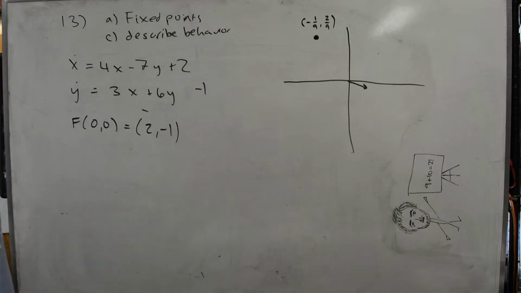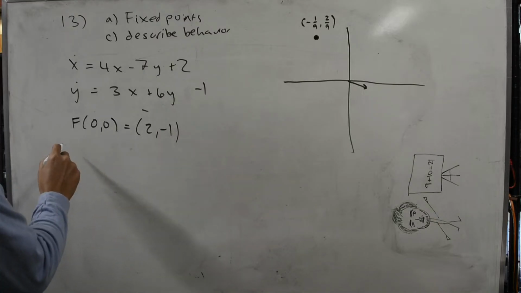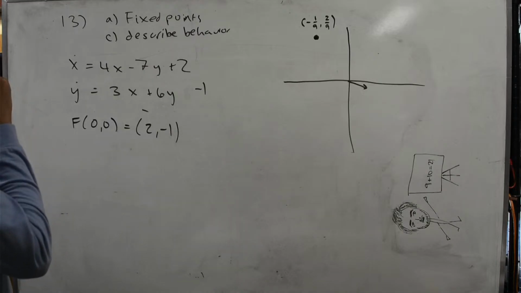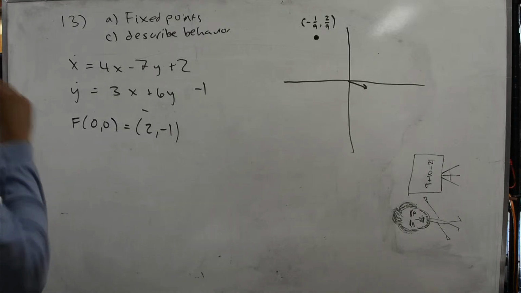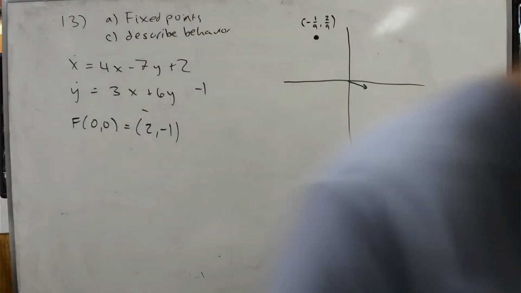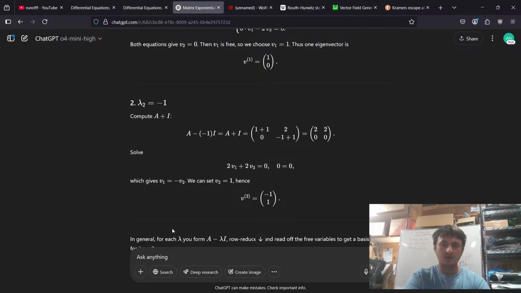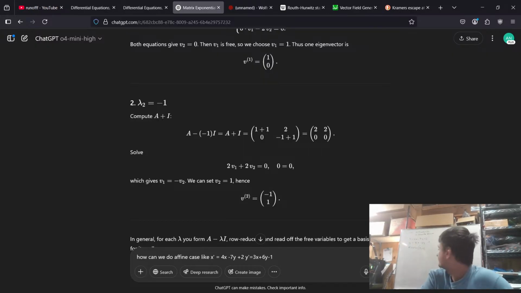Okay, so I guess a good question is how do you do the affine linear case? Like x prime equal to 4x minus 7y plus 2, y prime equal to 3x plus 6y minus 1.